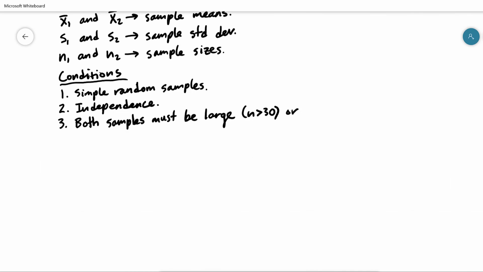I know this is all kind of confusing, so let me just write this down here. Or the populations must be normally distributed. So the populations that we're drawing our samples from, if they're normally distributed, it doesn't matter how large they are. That's the gist of what this is saying.